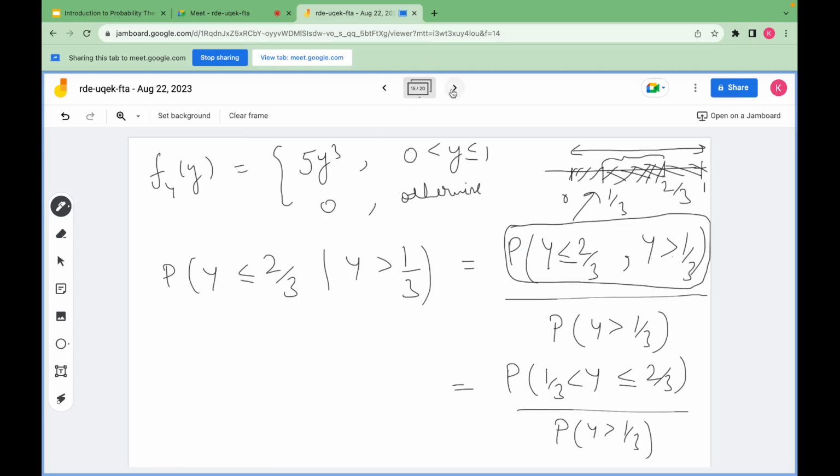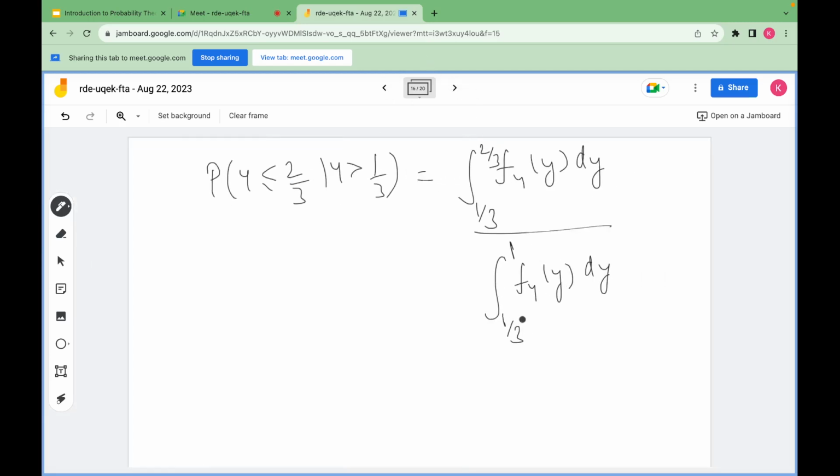Therefore the limit for this integration is from 1 by 3 to 1. So this is 5y cube dy from 1 by 3 to 2 by 3, divided by 5y cube dy from 1 by 3 to 1.